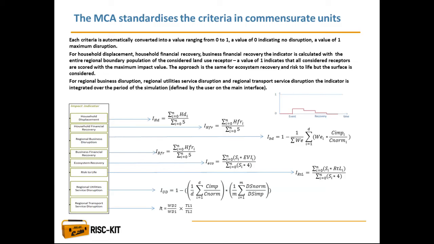The process is slightly different depending on the indicators we are considering. For household displacement, household financial recovery, and business financial recovery, the indicator is calculated within the whole region population of the considered land use receptor. A value of 1 indicates that all receptors are scored with the maximum impact value, whereas a value of 0 means that none of them are impacted.